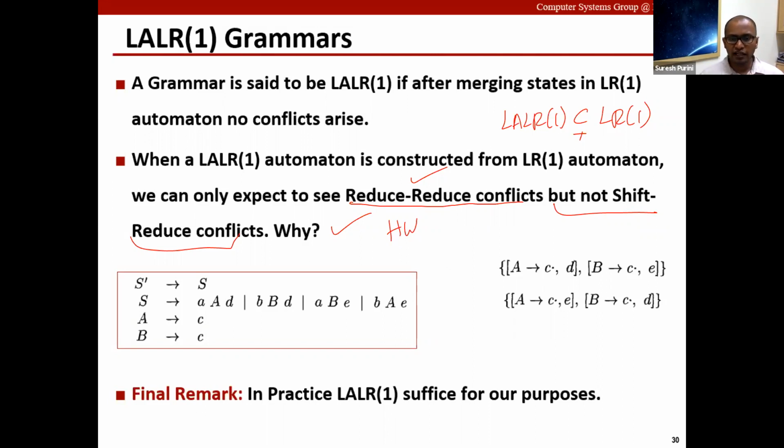So today I will release this week's homework. There will be 3 parts. The first part will be: I'll give a context-free grammar, some grammar G, and I'll ask you to construct an LR1 parsing table for it. This will be one problem. And the second problem is this question.